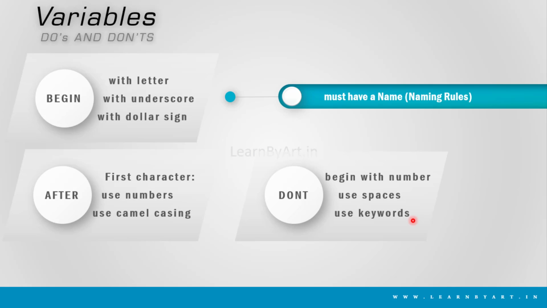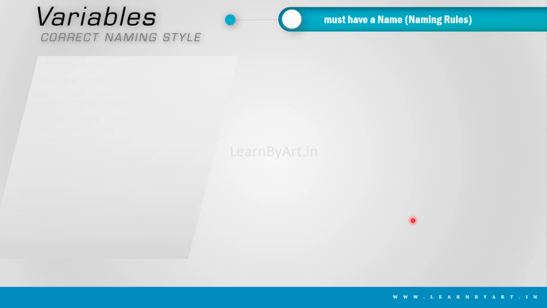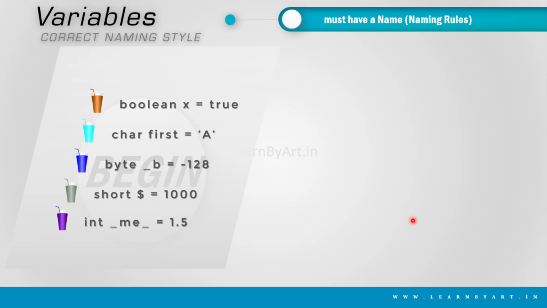Let's have a look at the examples to better understand the concept of naming. Now remember this, if you're going to store a character type of a value, then it should be put inside the single quotes.